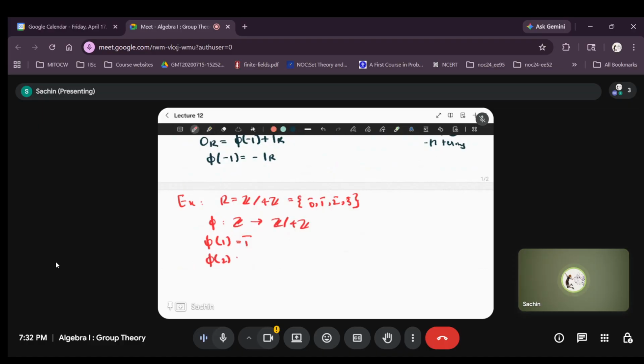Phi of 2 is phi of 1 plus phi of 1, which is 1 bar plus 1 bar, which is 2 bar. Phi of 3 is similarly 3 bar. Phi of 4 is what? Yes, phi of 4 is 0 bar.